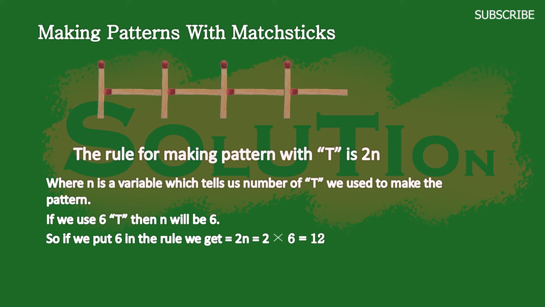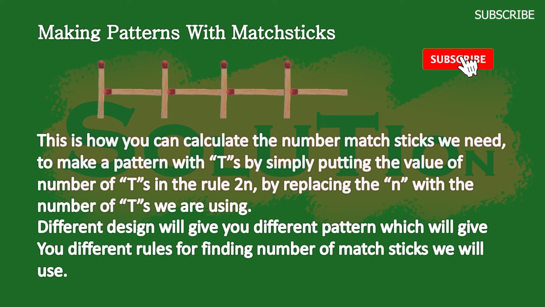Here also you can find I have done with 6 T's. We put 6 in the rule 2 into n. So in place of n, I will replace n with 6, and 2 into 6 I will get 12. So this is how we can use the rule, and you can read what is written here.